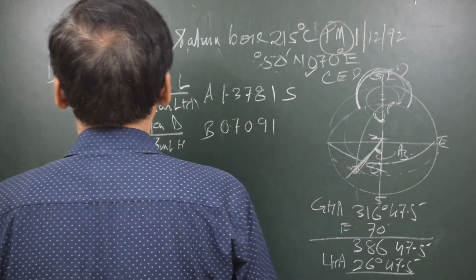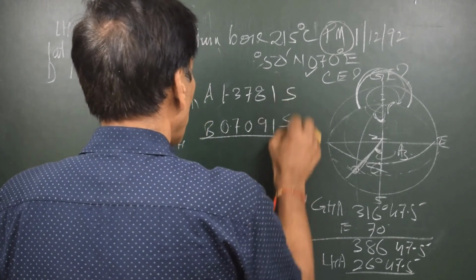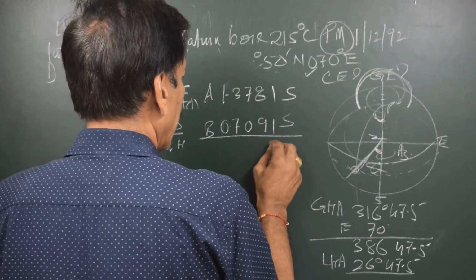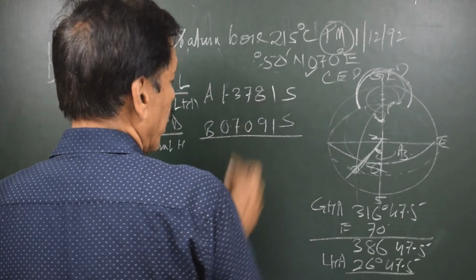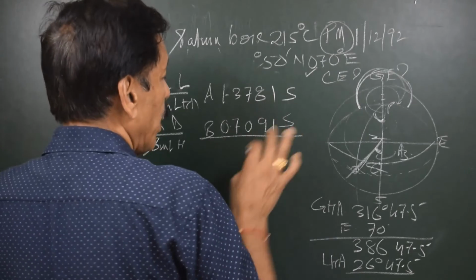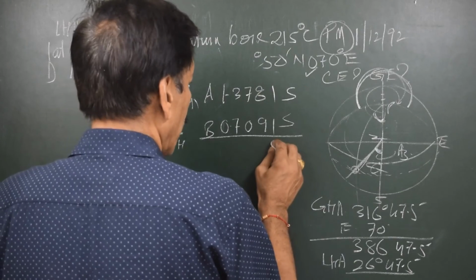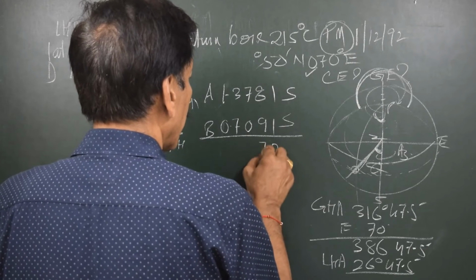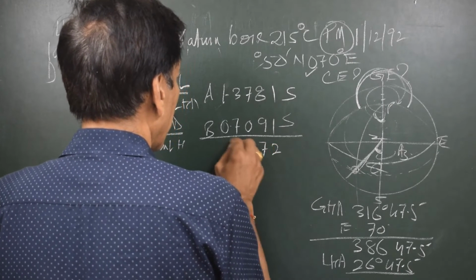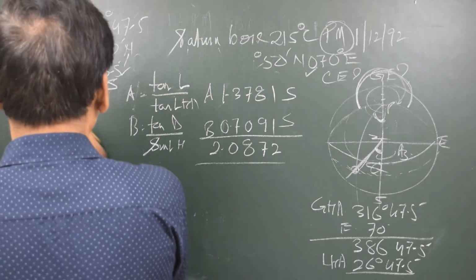It is named the same as declination, so I will put south here. Both are south, so naturally I will add them. If they were different names, then I would have subtracted and found the difference, and the naming would be of the bigger one. Now here both are the same name, so I will add. It is 2.0872.